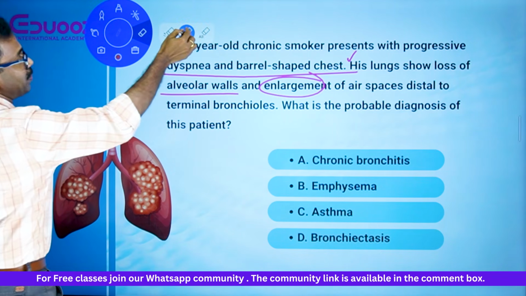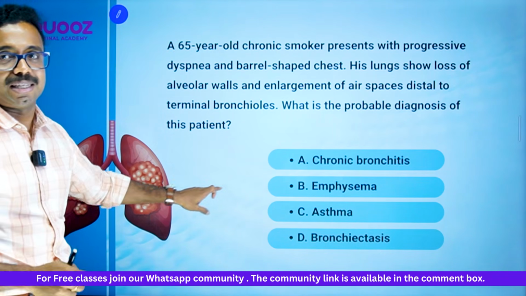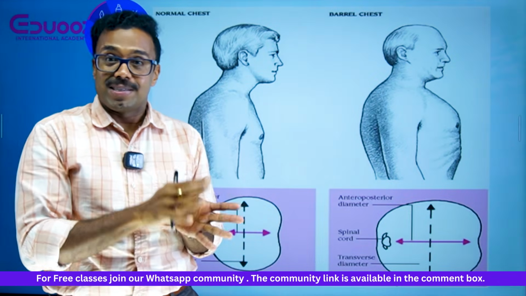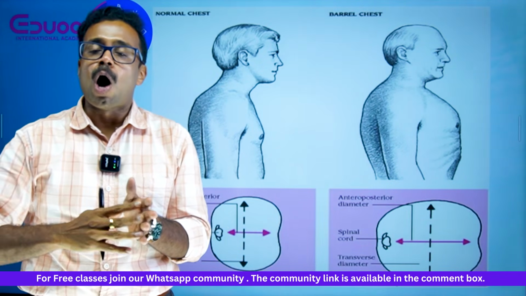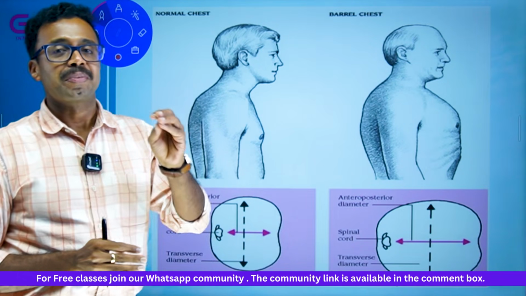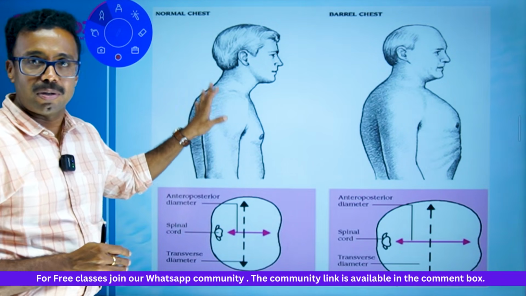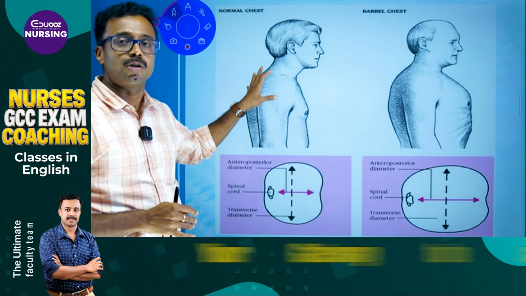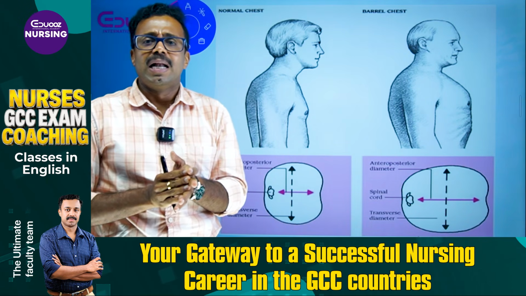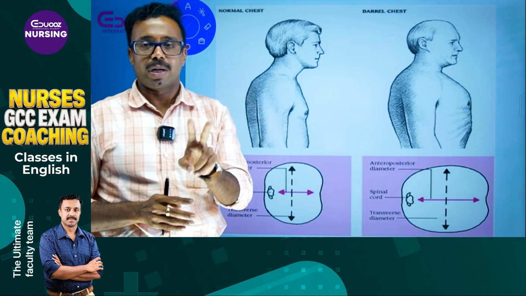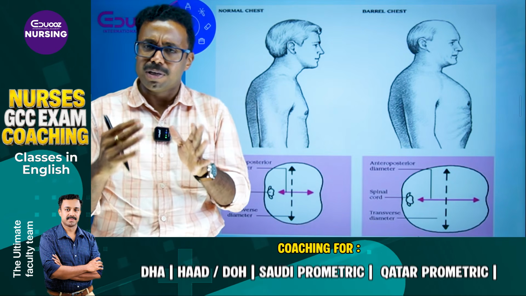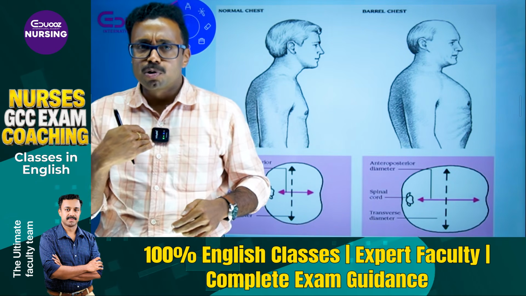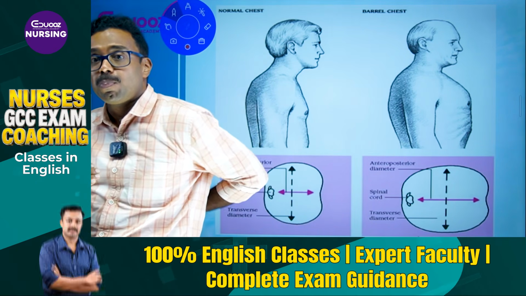Let me discuss the scenario in detail. The question says the patient has a barrel chest, so let's see how it is defined. In this image, the patient has a normal chest. In a normal chest we look at two diameters. One is the anterior posterior diameter, from the anterior portion of the chest to the posterior portion.